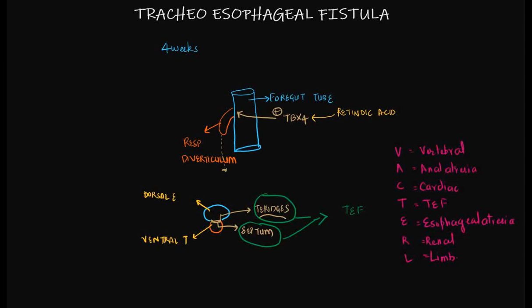So whenever we get a case with congenital tracheoesophageal fistula, we always need to rule out these malformations as well. So in a child, look out for tracheoesophageal fistula with esophageal atresia, cardiac anomalies, vertebral anomalies, anal atresia, renal anomalies, and limb defects, which is VACTERL.